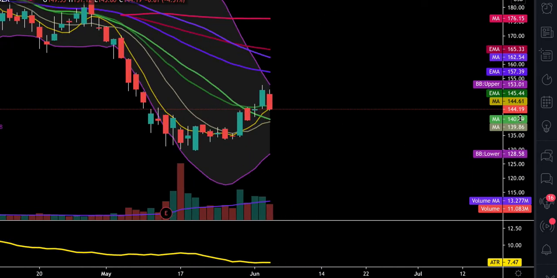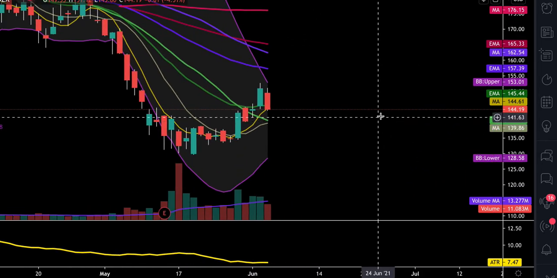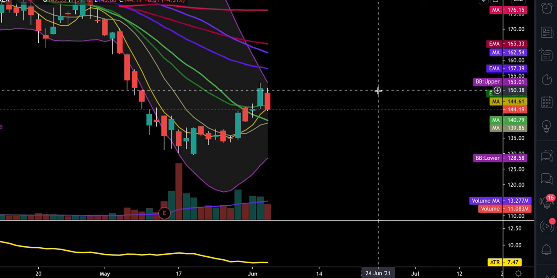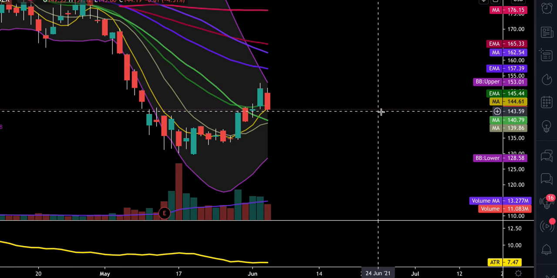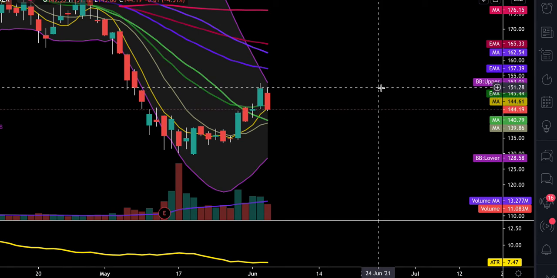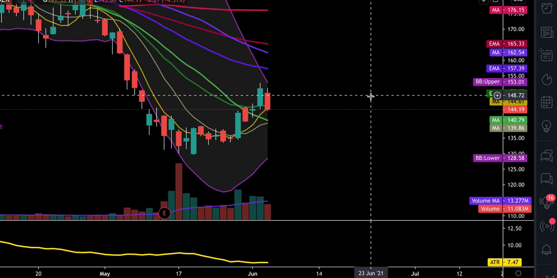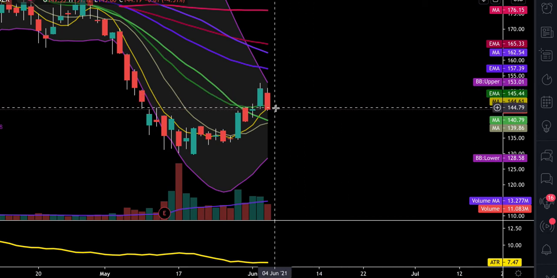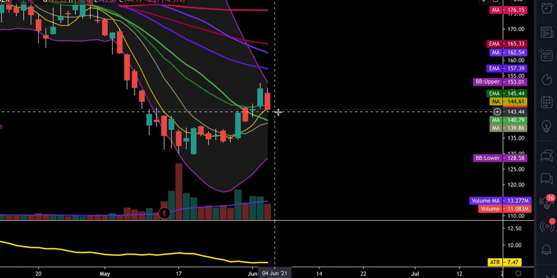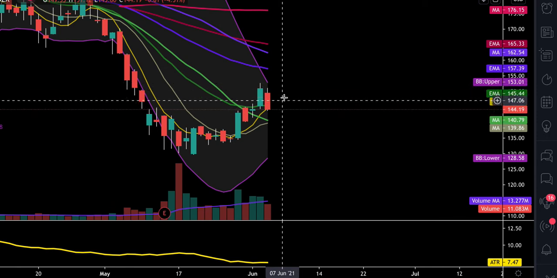Right? So if we look at these candles here, all we're going to do is look at the lowest point and the highest point, and subtract the lowest point from the highest point. The low point is about 143.5, and the high point is 151. So you do that math, you get 7.5. That means in this daily candle right here, today, there was a $7.5 range between the high and low.